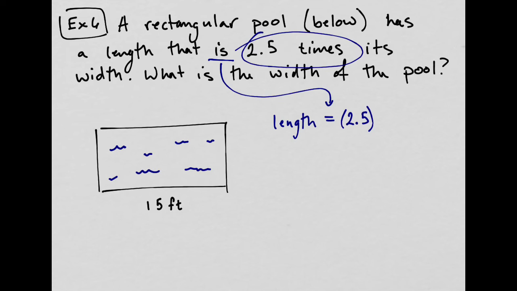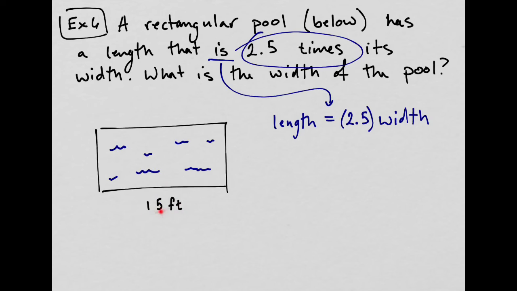So I would say times the width. So I've written an equation just based on this description. So the length is 2.5 times the width. And then I already know that the length, because it's given from the picture, is 15.